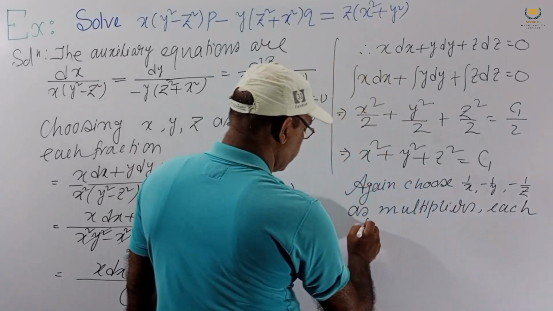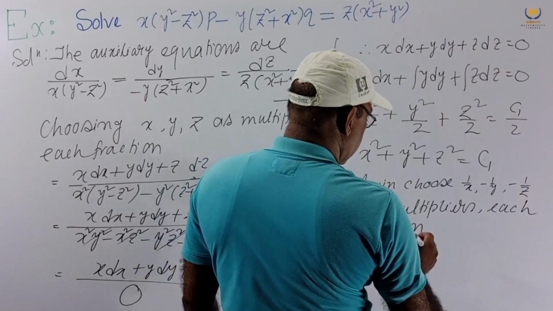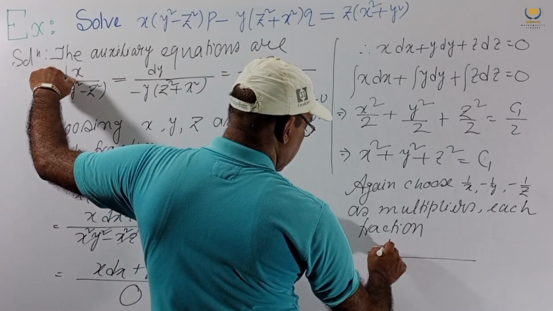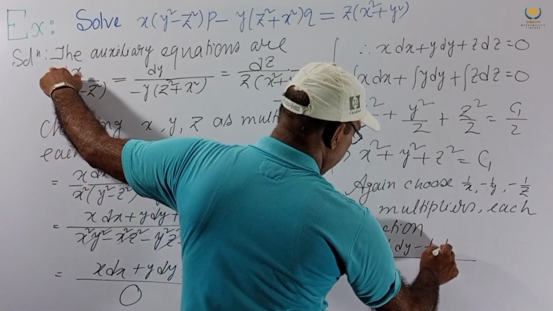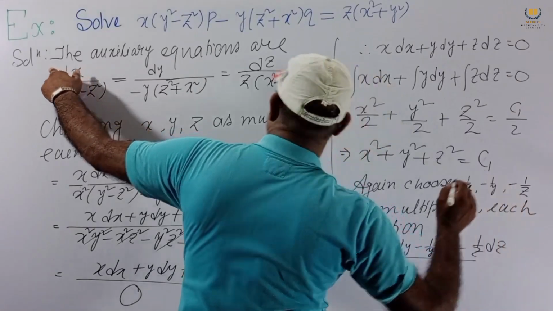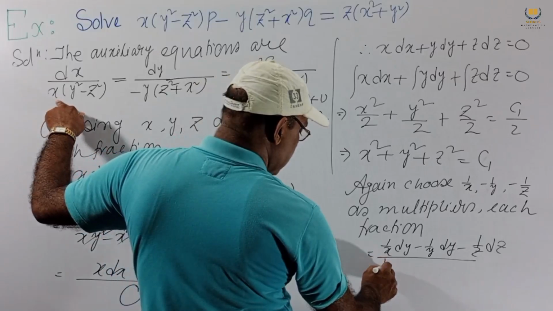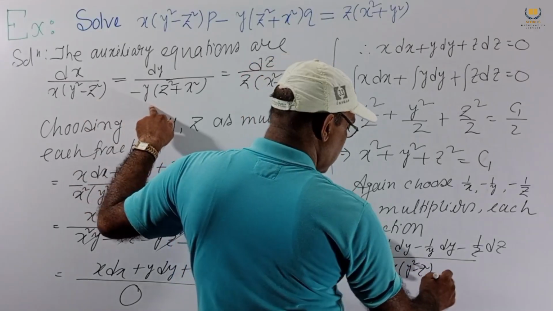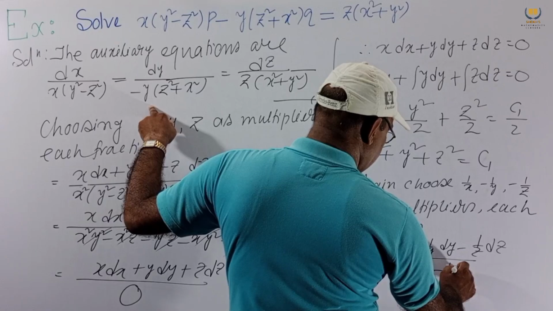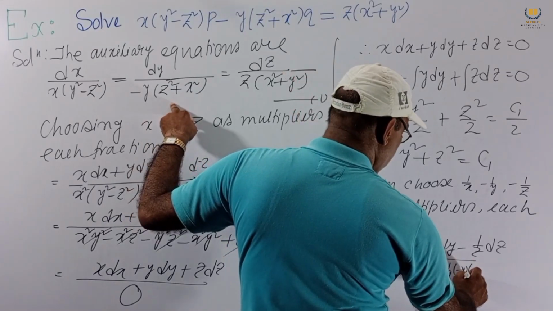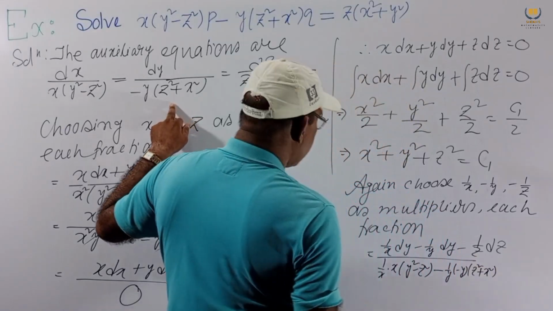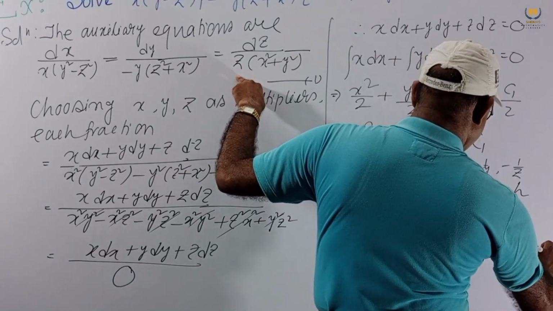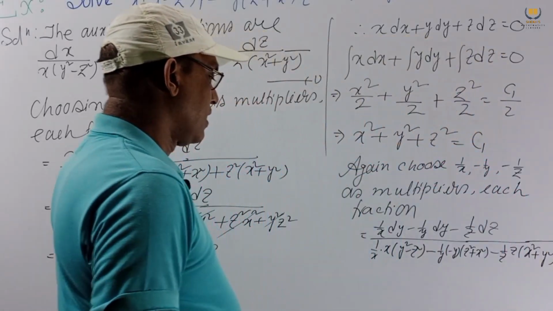Each fraction is equal to 1 by x dx minus 1 by y dy minus 1 by z dz, over 1 by x into x into (y square minus z square), and minus 1 by y into minus y into (z square plus x square), and minus 1 by z into z into (x square plus y square).